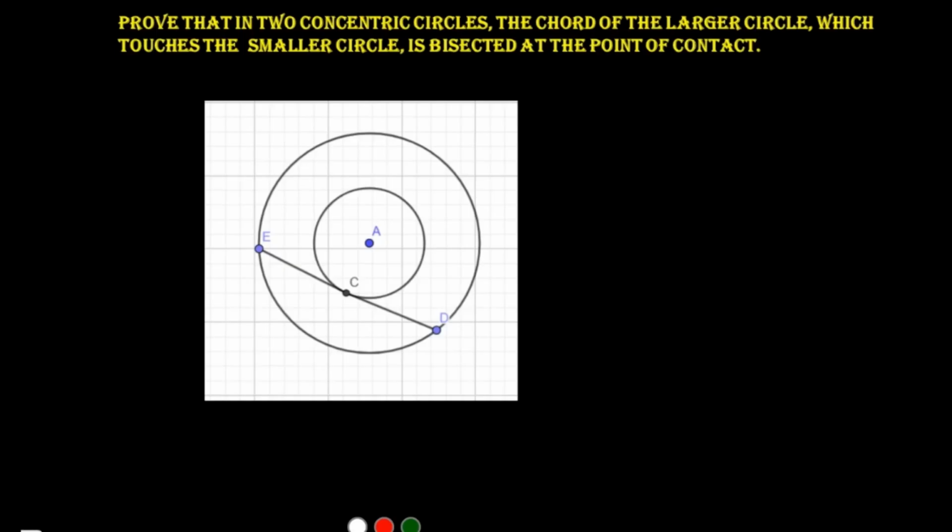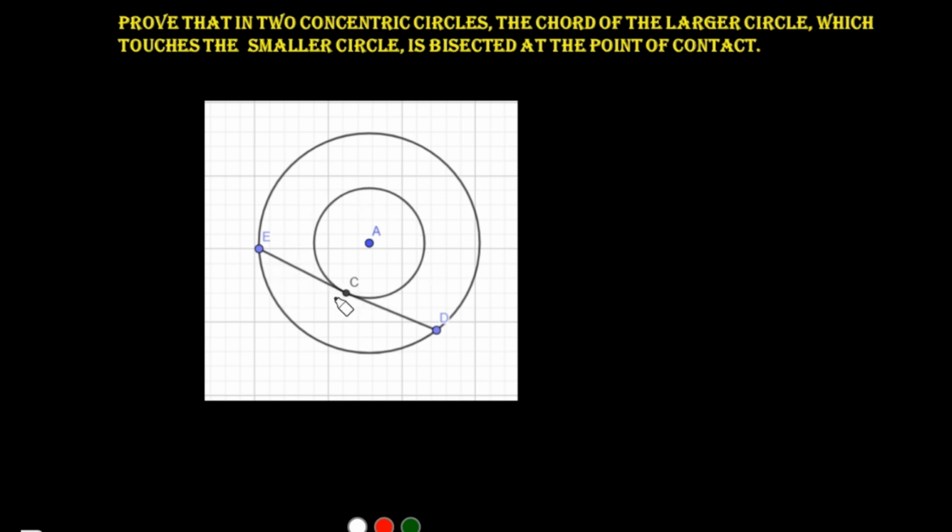I have drawn what I explained here: two concentric circles. The center of the circle is A and the chord is ED, which is bisected at C. C is the tangent point for the smaller circle. Reading this out: prove that in two concentric circles, the chord of the larger circle which touches the smaller circle is bisected at the point of contact.